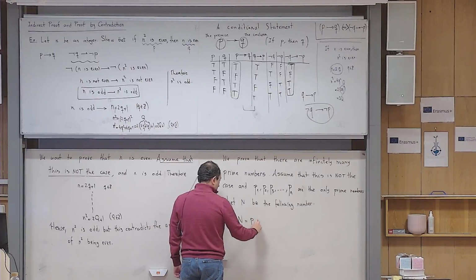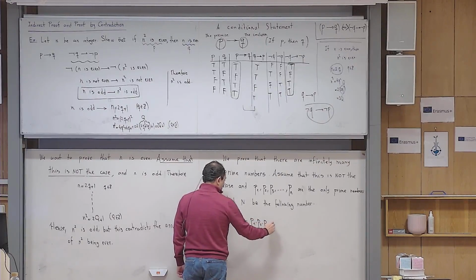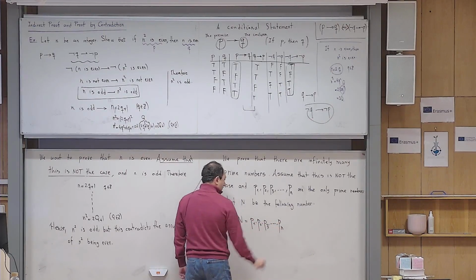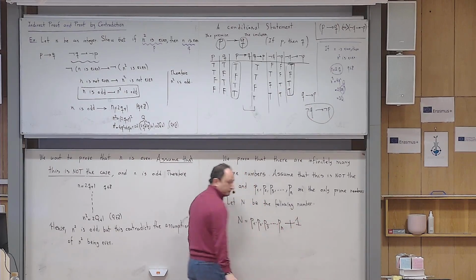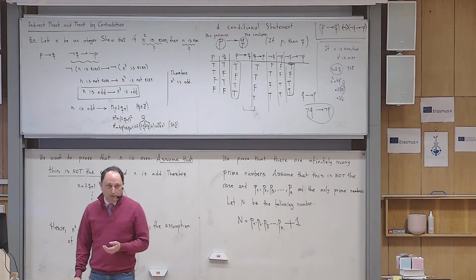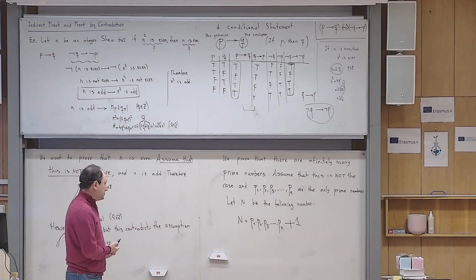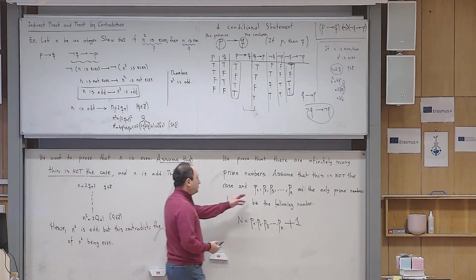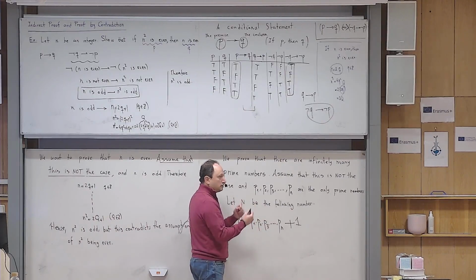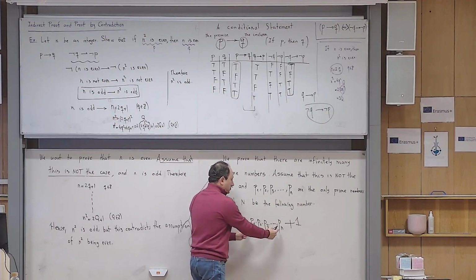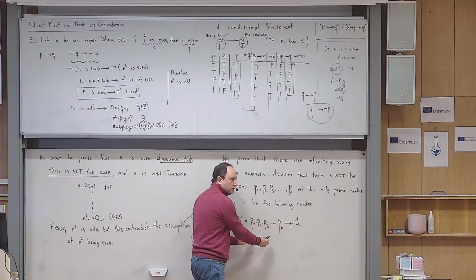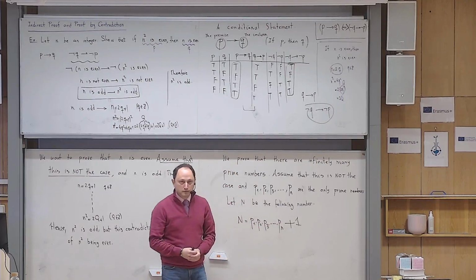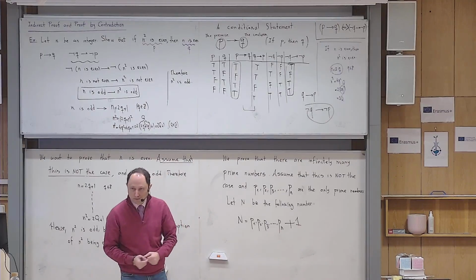P1 multiplied by P2 multiplied by P3 up to Pn, and then plus 1. I don't know how he came up with this number, but whatever it is, yes? So, if the prime numbers are finite, I have a list of them. I take that list, I multiply the numbers in that list, whatever that number is, I add 1 unit to it. Okay, so that becomes a new number.